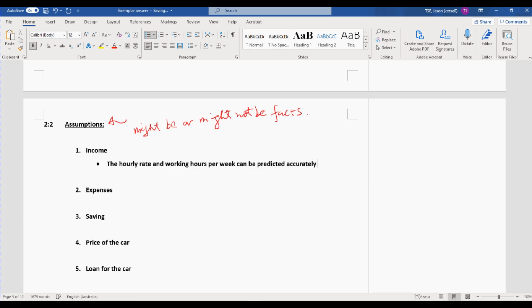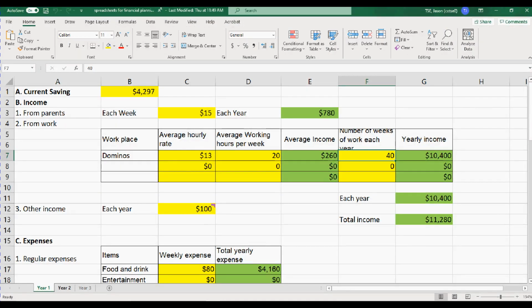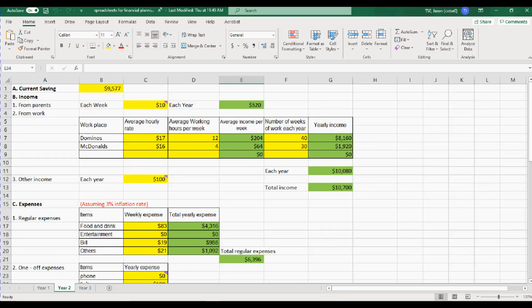Accurately. Okay, all right. So that's one of the assumptions you've made, all right? Okay, and there are other assumptions as well in some of your work. So for example, normally we will assume the second year of your work, you might have a rise in your salary because you become 1 year older.